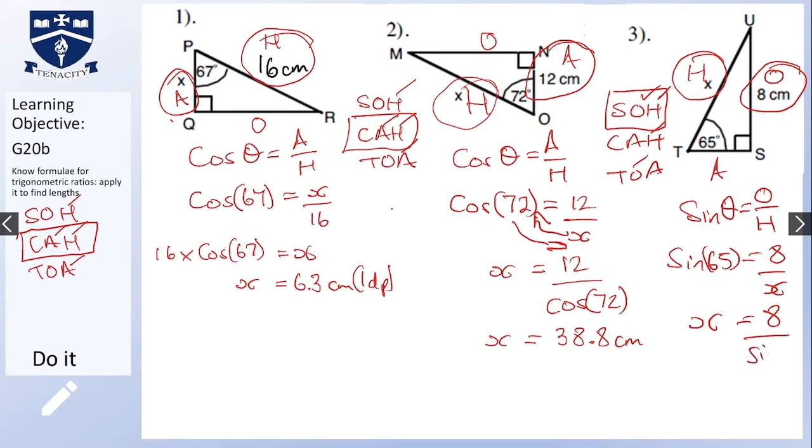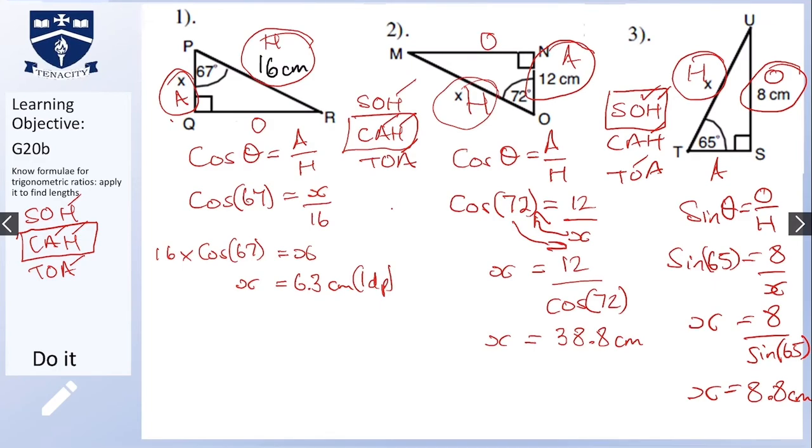So x must be equal to, calculator out, 8 sin 65, close the bracket, and we press equals, and we have 8.8270. So rounding to one decimal place, x is equal to 8.8 centimeters.